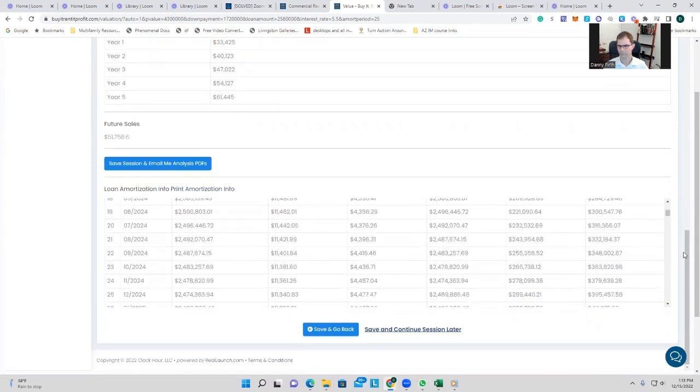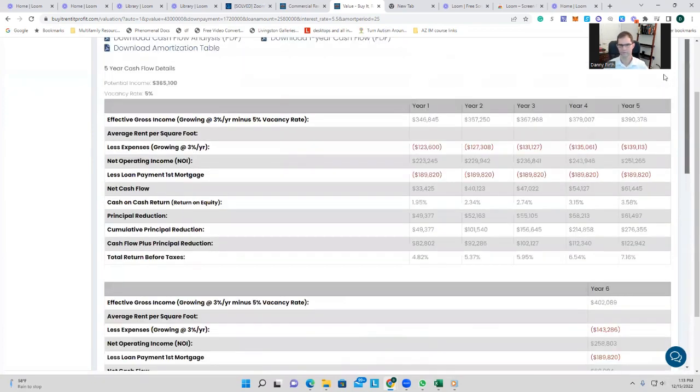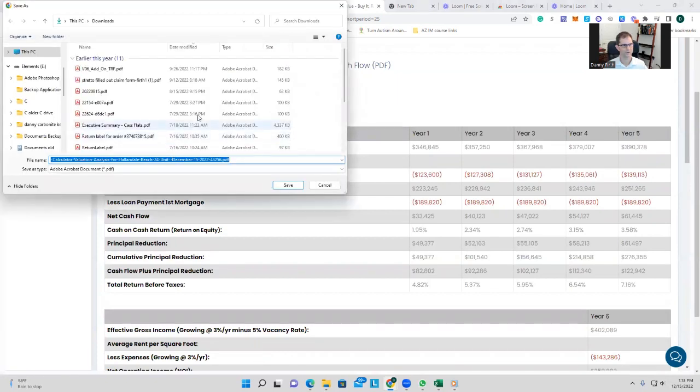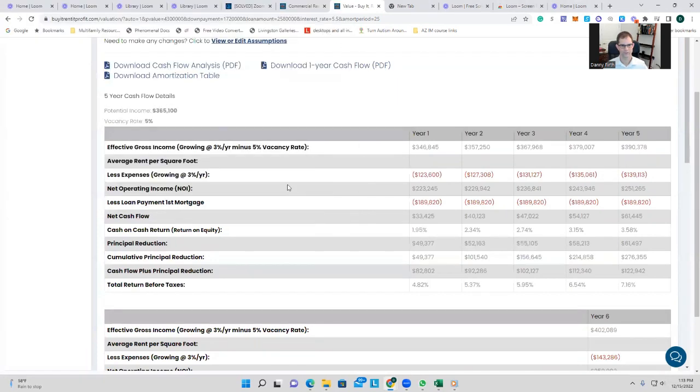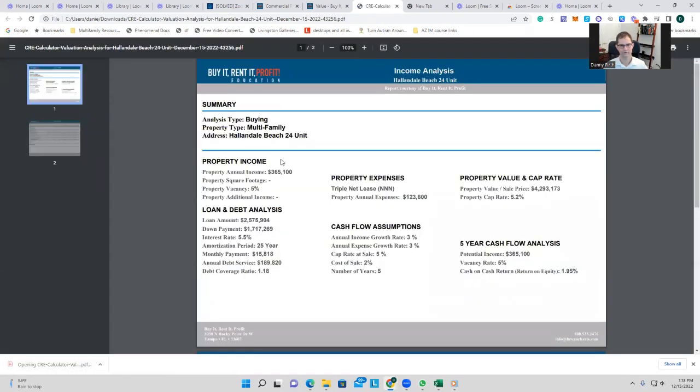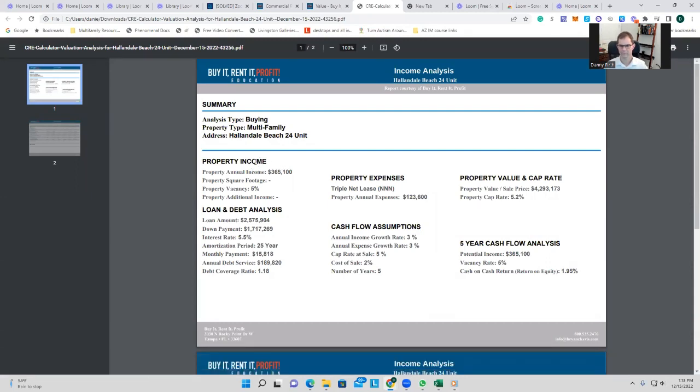And one of the things that is really nice about this is that you can download these as PDFs. And you can use these as a quick screen, and you could actually send them to your team or even potential investors and say, hey, is this something you guys would be interested in?